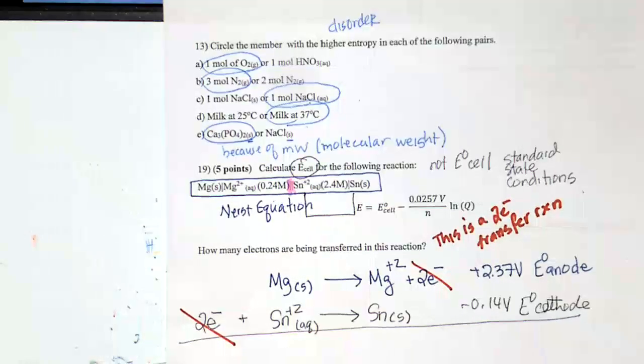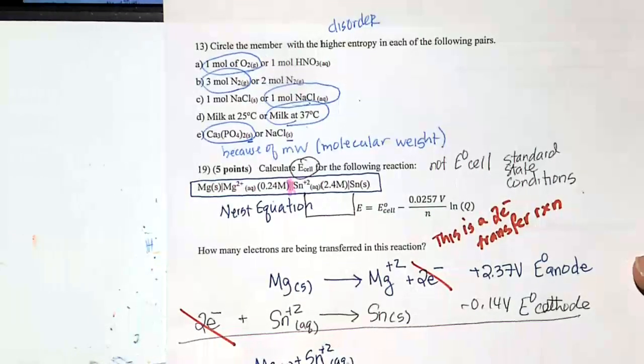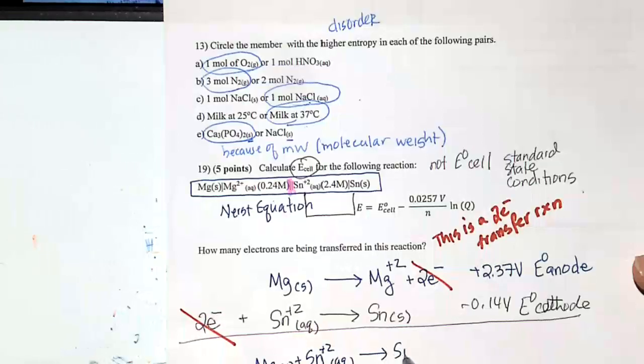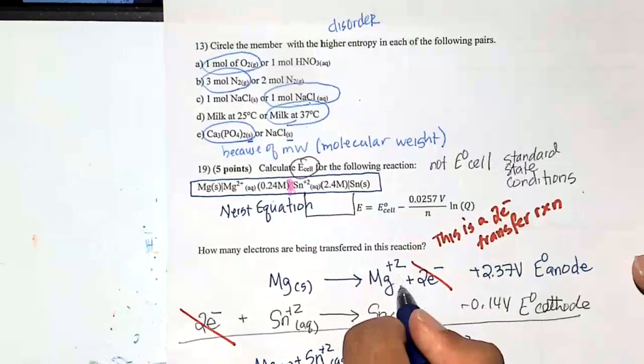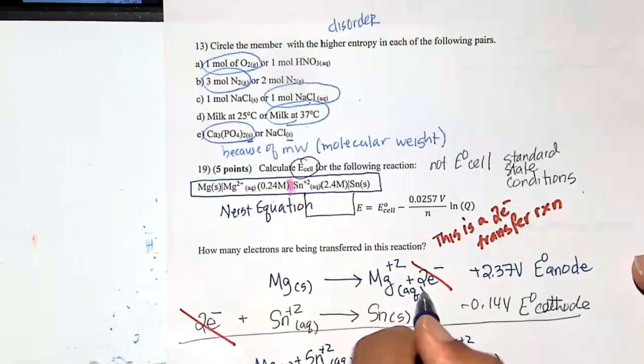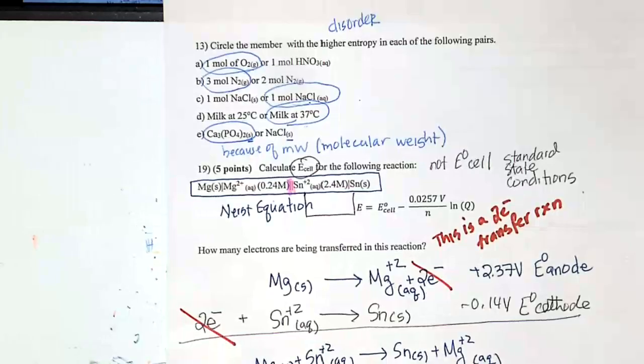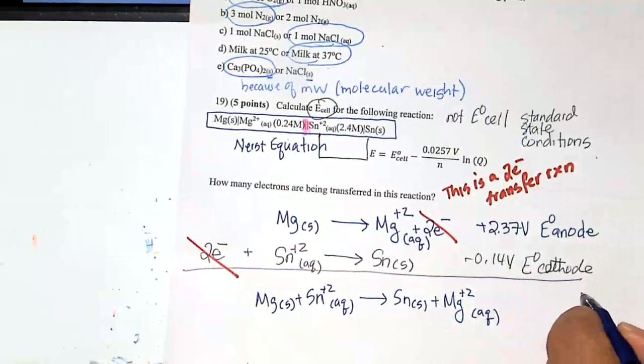All right, these 2 electrons will cancel, and we are left with Mg solid plus Sn plus 2 aqueous goes to Sn solid plus magnesium plus 2 aqueous. Aqueous means dissolved in water.